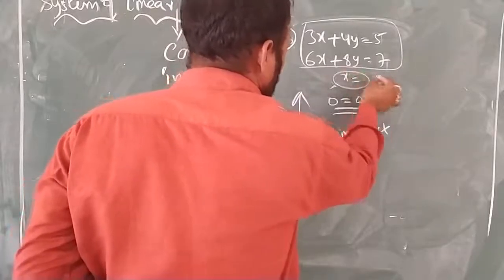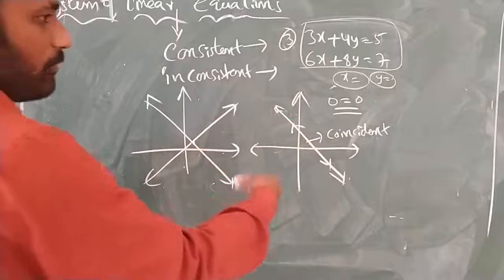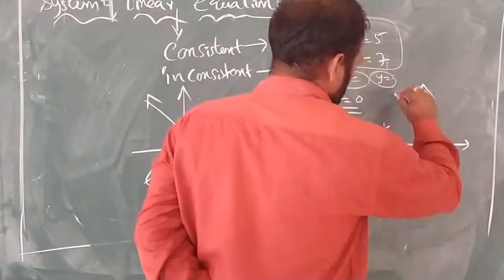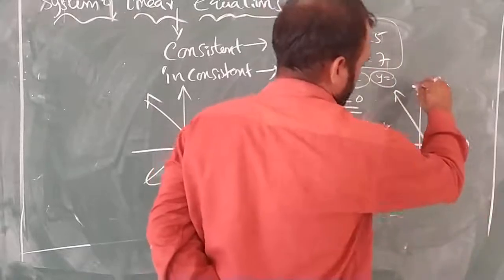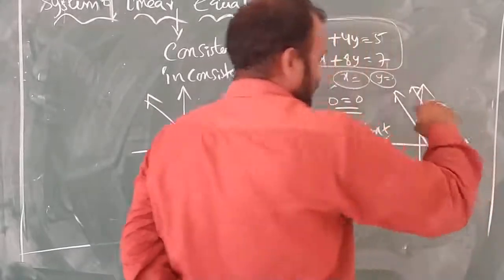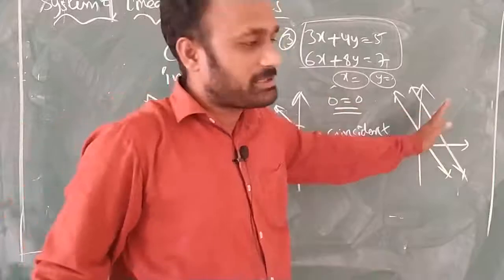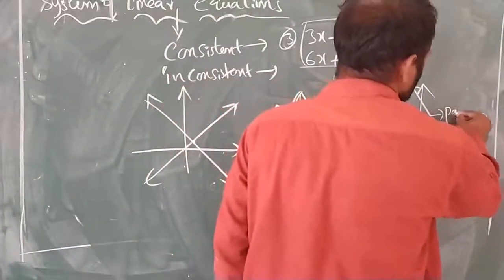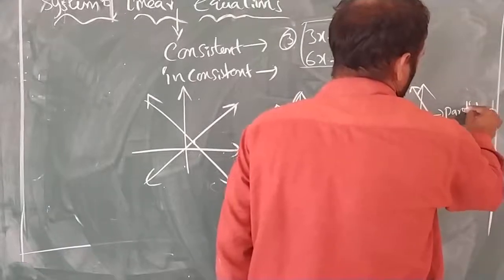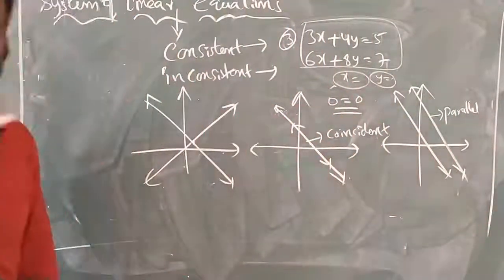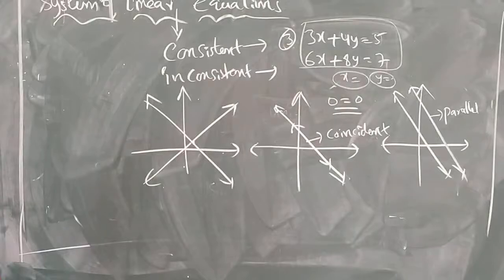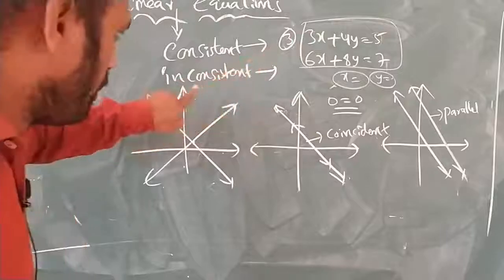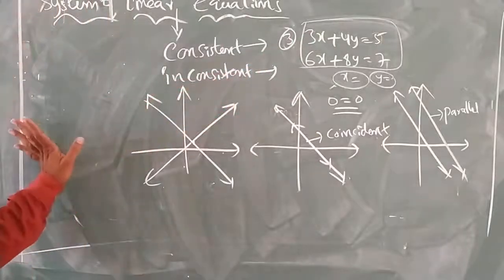But when representing these in the graph, this is the first line and this will be the second line. These two lines will never intersect, never meet one another. This type of lines we call parallel lines. So if the lines are parallel and the equations are like this, we call it an inconsistent system of linear equations. Inconsistent.